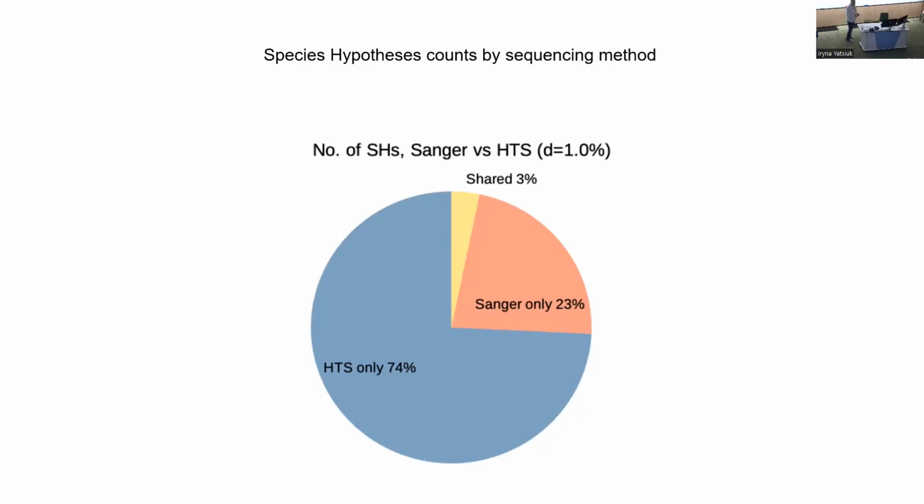But this makes UNITE a very good resource because it includes high quality PacBio sequences, so you can actually identify many unknown taxa, including probably undescribed taxa.